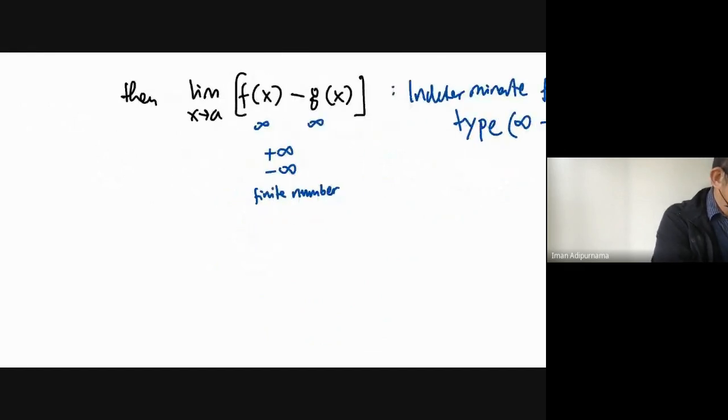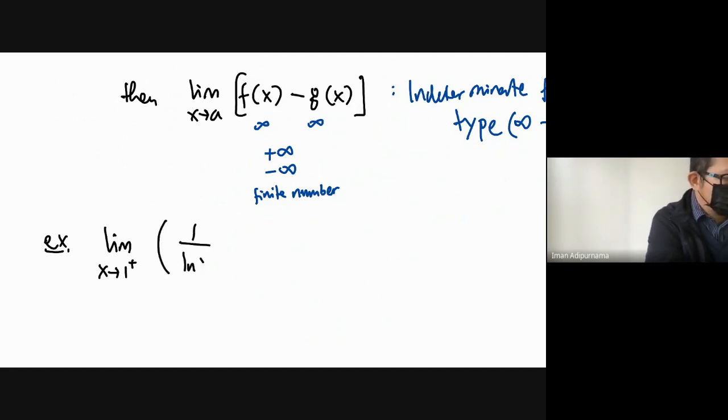let me just give you the example. Okay, we start from x approaching 1. So 1 gives ln 1 here, and 1 minus 1 is 0. So this will result in infinite minus infinite, right?